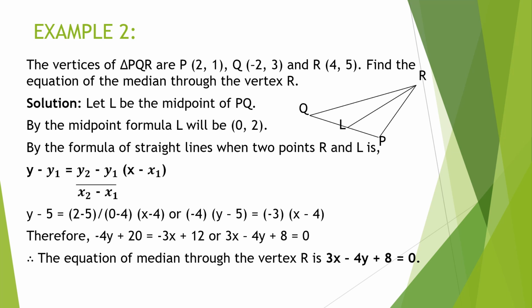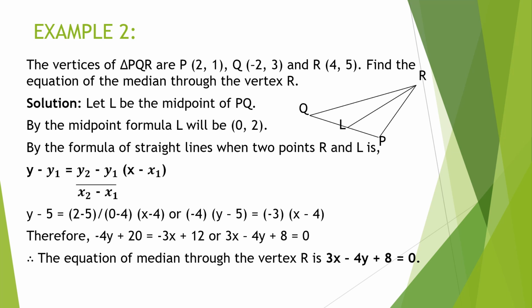Now, by the formula of straight lines when 2 points are given, that means over here the points R and L, we have the coordinates of the points R and L. We just have to find the equation of the line RL. So what is the formula when 2 points are given? y minus y1 is equal to y2 minus y1 upon x2 minus x1 into x minus x1. Putting the values, R has coordinates (4, 5). So x1, y1 is (4, 5), x2, y2 is (0, 2).